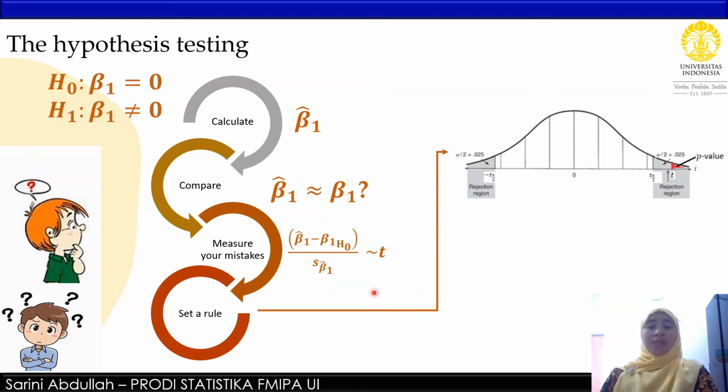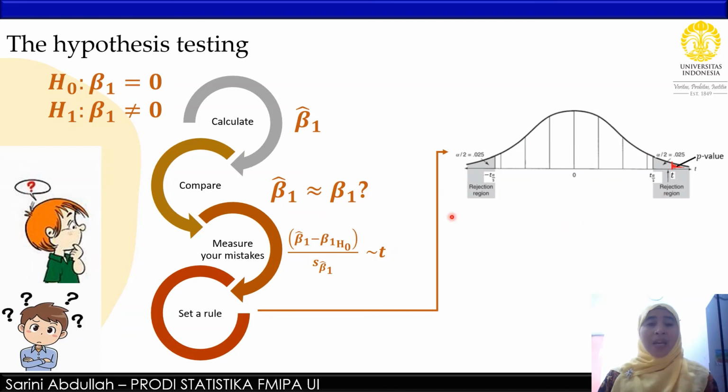Okay, so we will reject the null hypothesis if this value of beta 1 is far from the value given by the null hypothesis. How far is far? Following this rule, the t distribution, the distance is called far if they are in the rejection region.